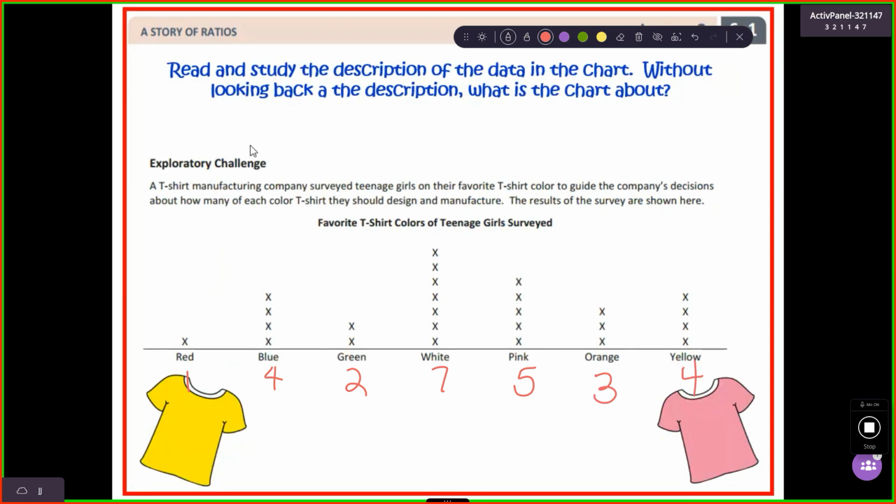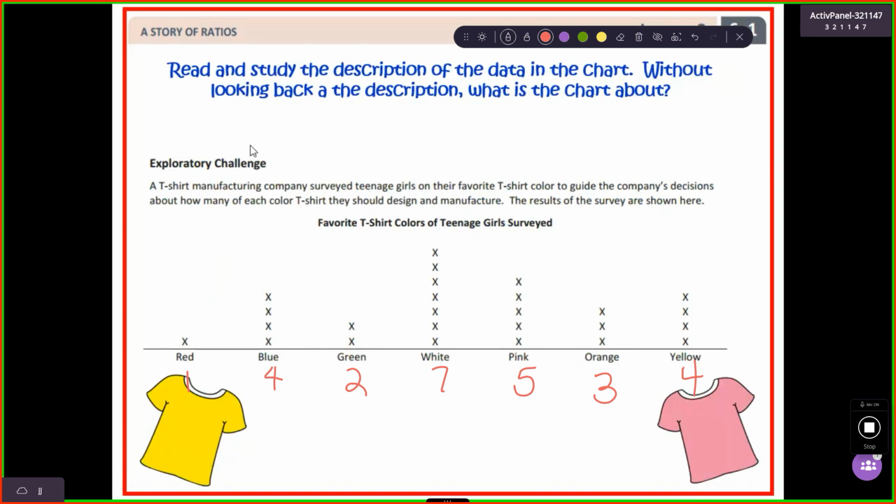4. Now, one day they might change how much each X or each dot is worth. I've seen them do that. They've said, instead of this X representing 1 shirt, it represented 2, or 10, or 5. That is called a legend, or a key.